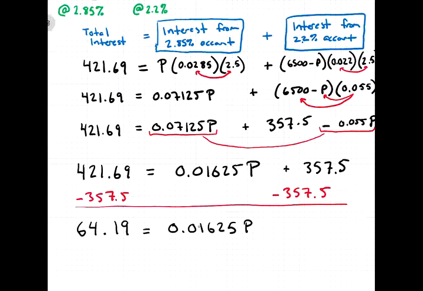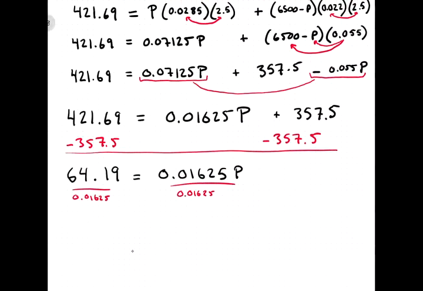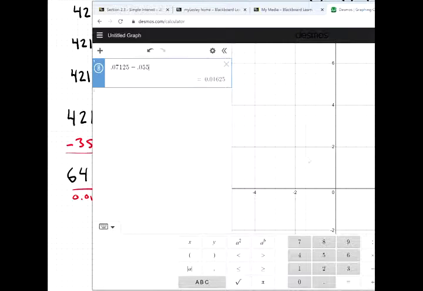So we can divide both sides. This is multiplication, so we can divide 0.01625 from the right, and we could divide 0.01625 from the left. And that we need a calculator for. Okay, so we're down to 64.19, and we're dividing that by 0.01625.